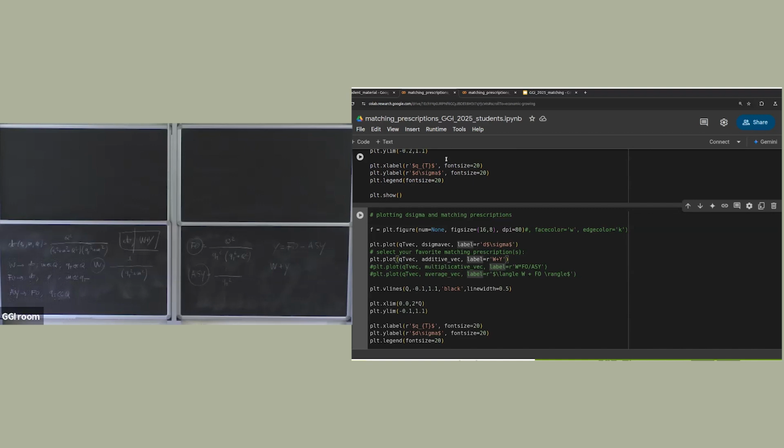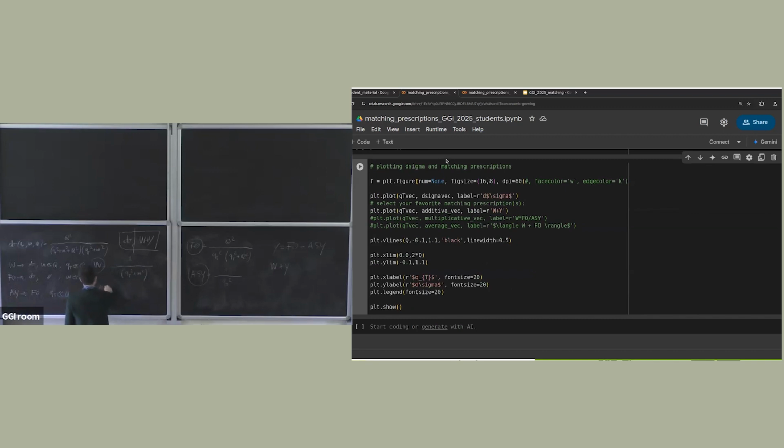Does it work well? It works pretty well, right? For m equal 1 GeV and q equal 10 GeV, you get a very good agreement between the sigma, the full cross section, and the additive matching prescription.